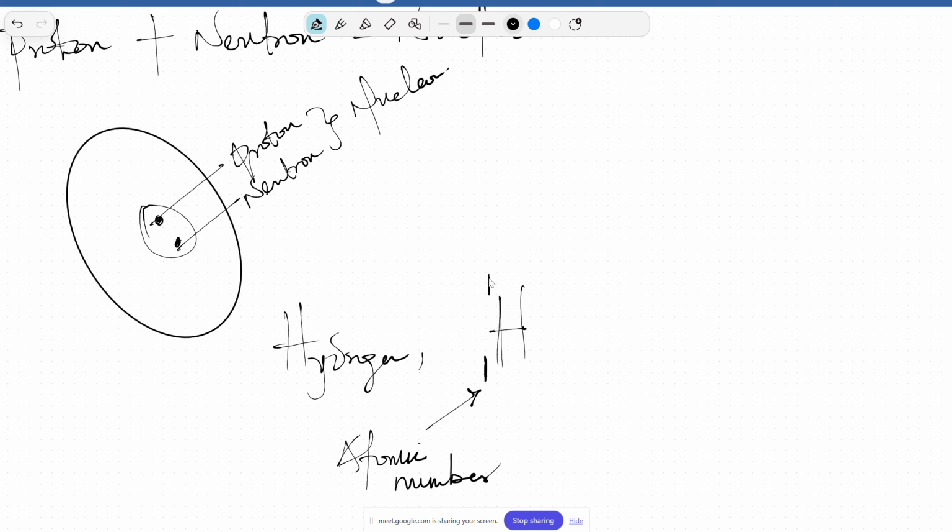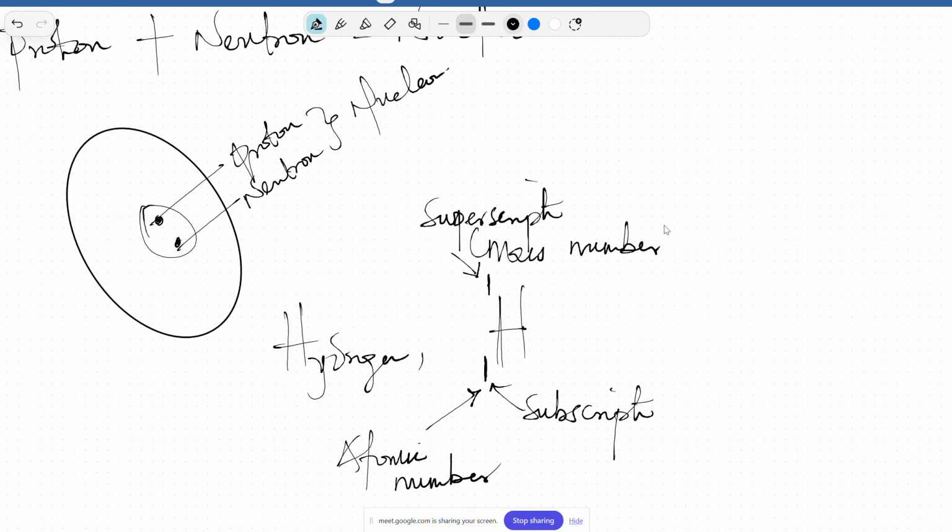This same hydrogen is going to have another number at the top, which we call the superscript. This superscript is what we call the mass number.